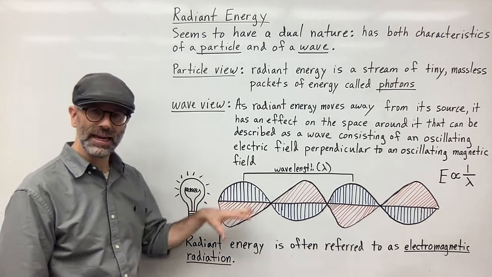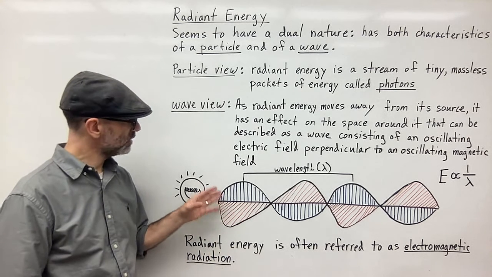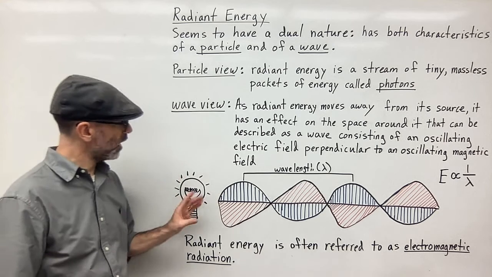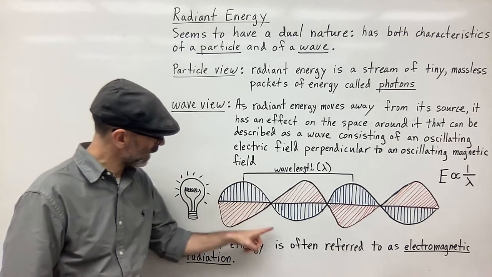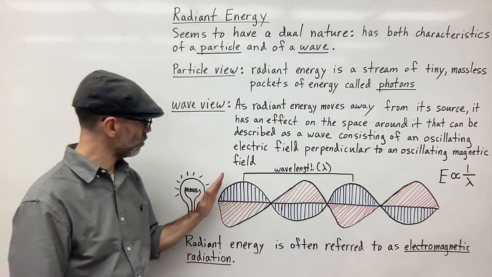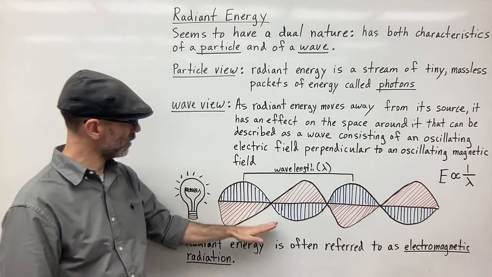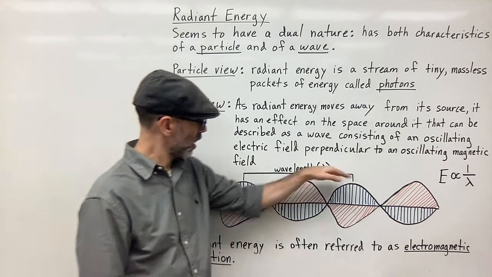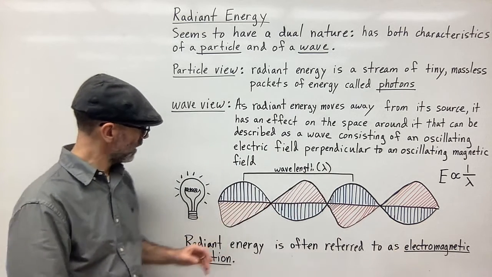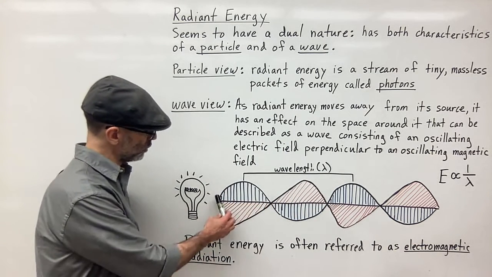And this wave consists of two actual waves. It has a wave that we'll call the oscillating electric field. So we have a wave of an electric field here, and then perpendicular to that in red.